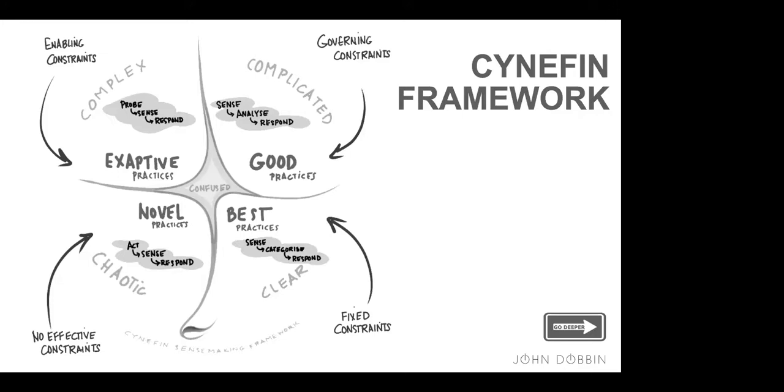Now, the last domain, the bottom left domain, is called the chaotic domain. And this is a highly disordered system. The nature of the system would be when you have some sort of catastrophic failure. So maybe one of your key suppliers goes out of business. Maybe your systems have been hacked.